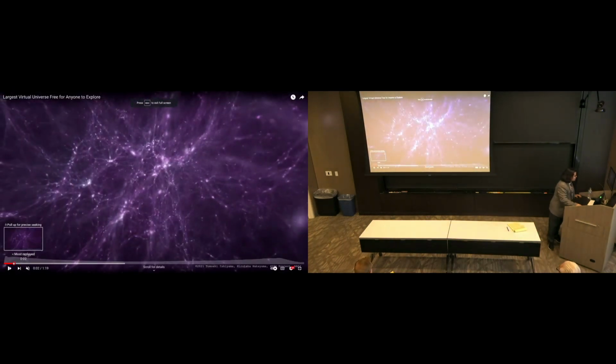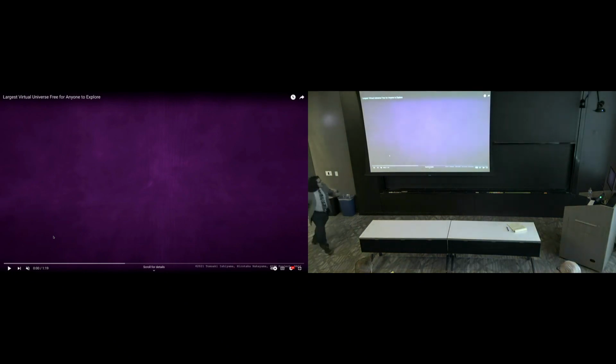So again, what they're starting with here is a simulation that only includes dark matter. Now the light should go back down because I decided not to write anything down. Wonderful.